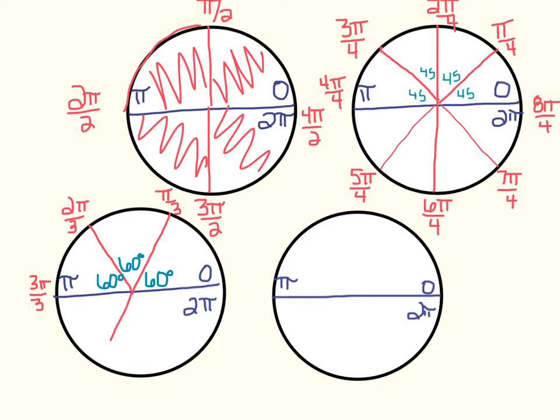And then I could do those same cuts down here and here, again pretending those are the same size. Continuing my pattern, I had pi over 3, 2 pi over 3, 3 pi over 3. So now I would have 4 pi over 3. This would be 5 pi over 3.